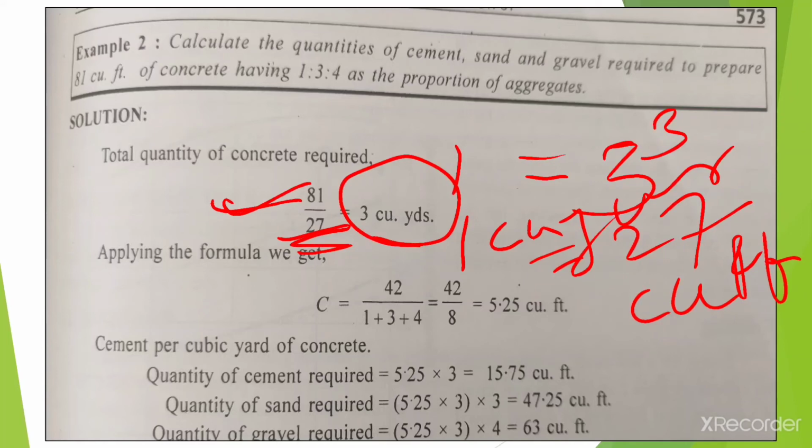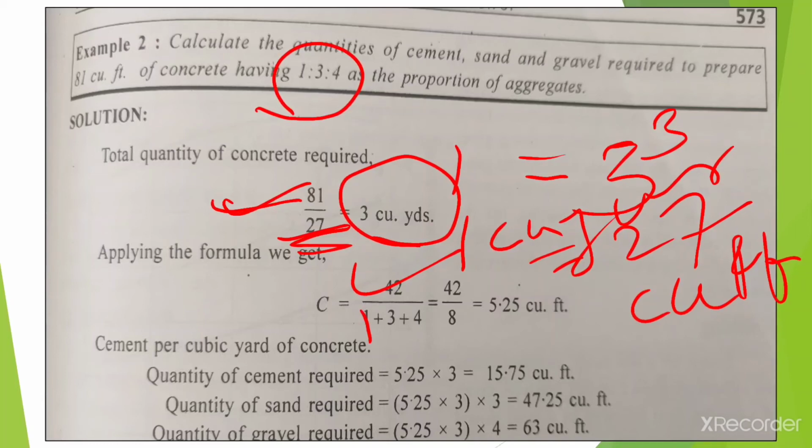Now as we know the formula, we will put all the values in this formula. 42 as it is, then c plus s plus r, that stand for the proportion of the aggregates for cement, sand and gravel. Already the proportion is given here.